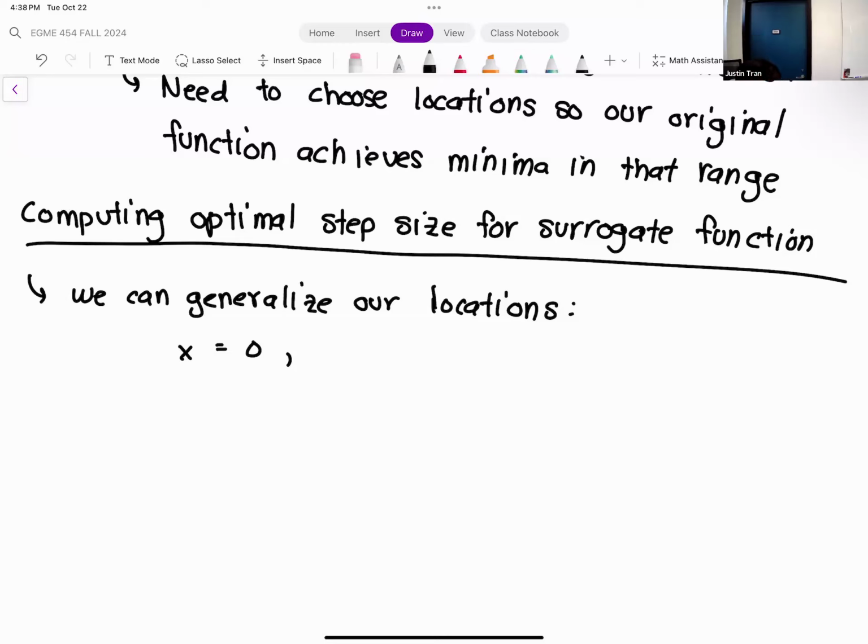The second function evaluation is at the location x is equal to t, where t is the step size. For the previous example, our step size was just 1, so we evaluated at x equal to 0 and 1. And then our third location is just going to be 2 times t.